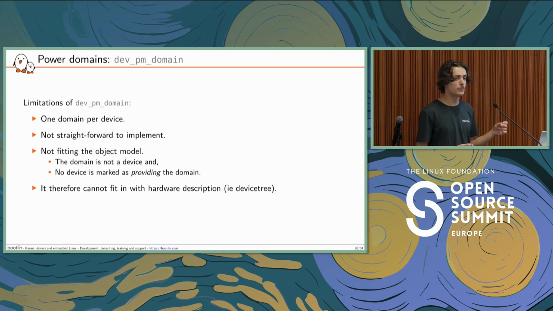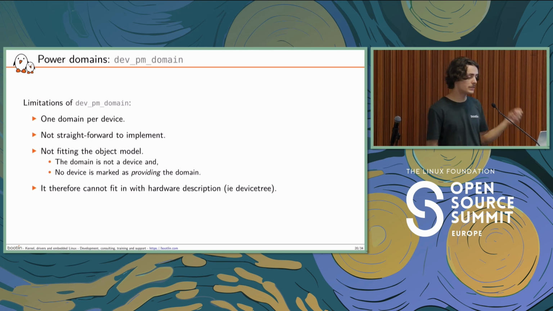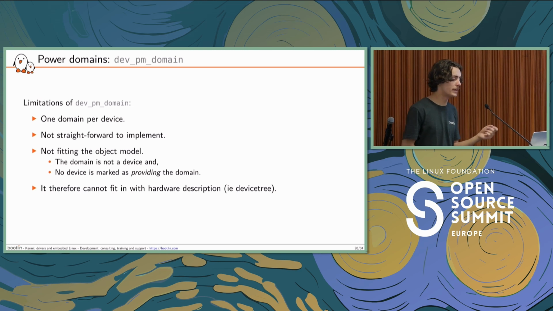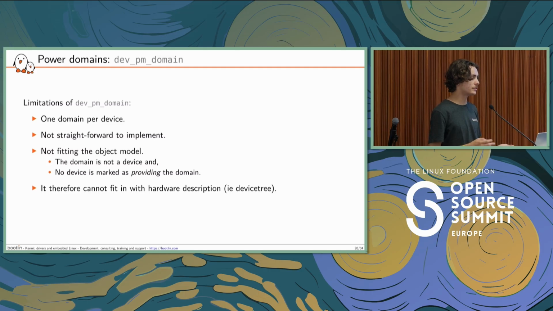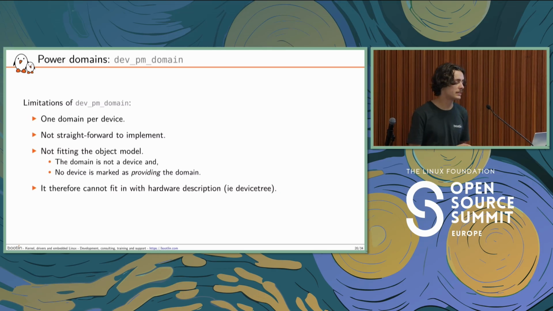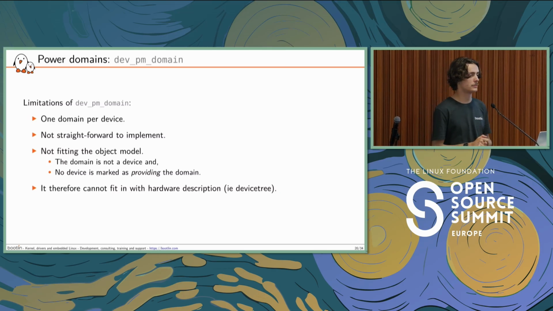You don't have any struct device pointer, so you don't know who's instantiating this dev PM domain. And of course, it doesn't fit into any standard setup that we use. It doesn't fit inside hardware description, that is device trees. So we probably need something better.